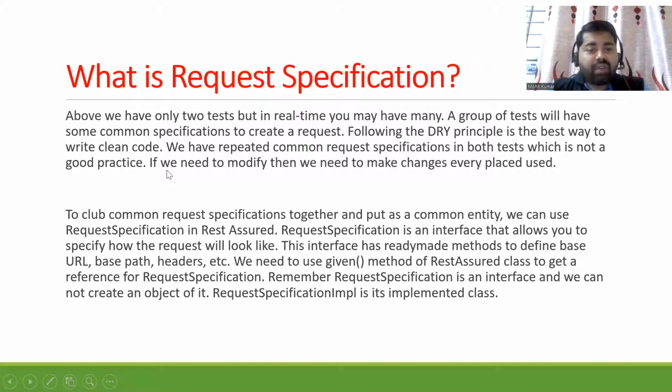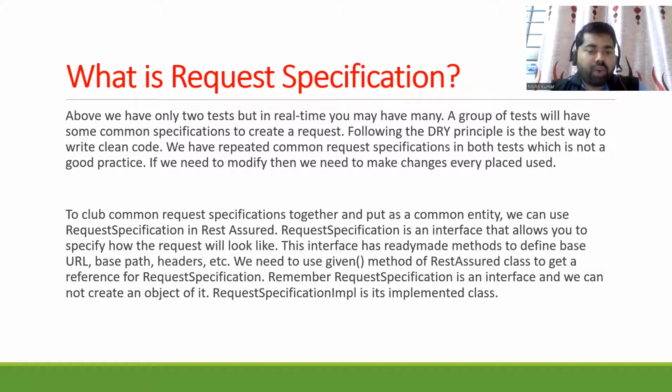If we need to modify it, we need to make changes in every place it is used. In the future, if your base URI changes, or you have automated 100 test cases, you have to change every place. That is not good practice, and it's very difficult to maintain our test script.